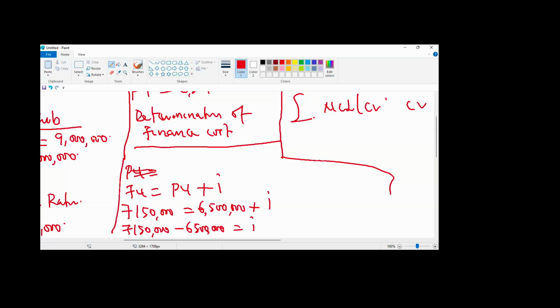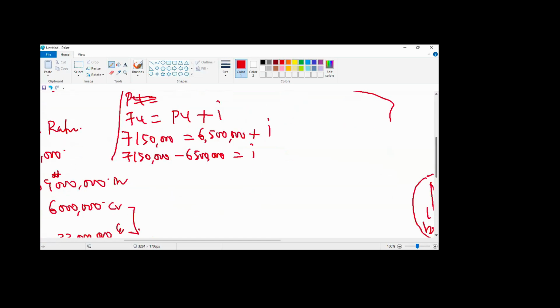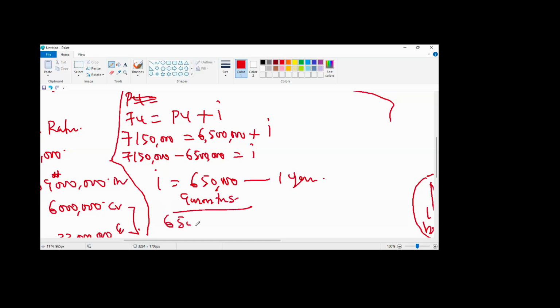How much is the interest now? The interest is 650,000. Don't forget, this is for 1 year. So forget 1 year, the 9 months interest will now be 650,000 times 9 over 12. That's all.